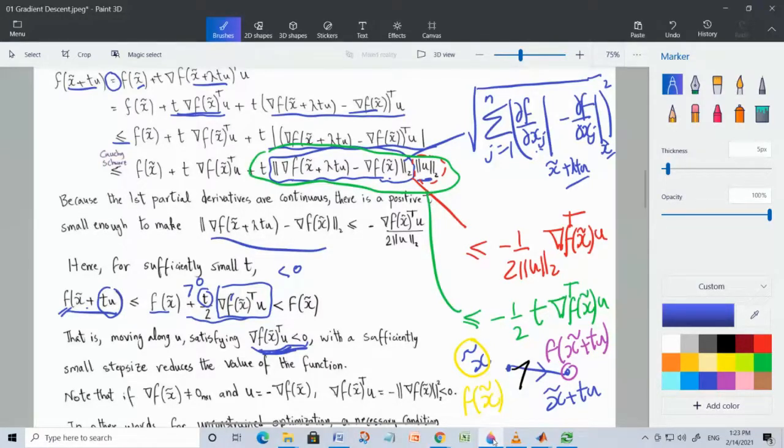Then you keep iterating, hopefully to reach perhaps a local minimum for that function. Numerical optimization is based a lot on this idea.